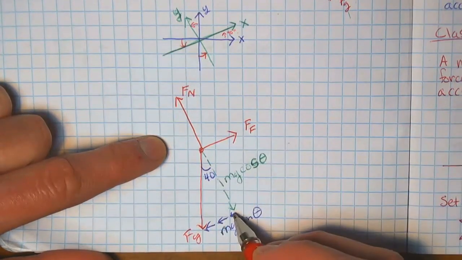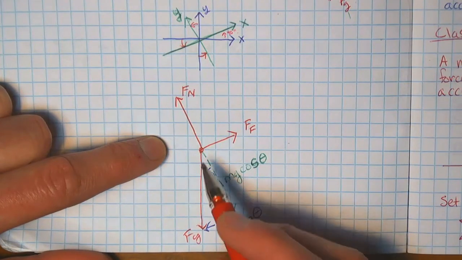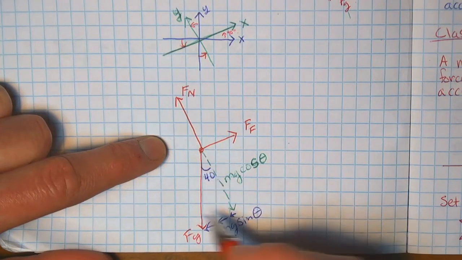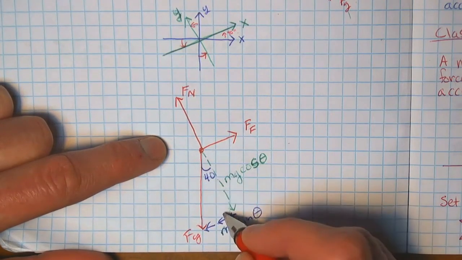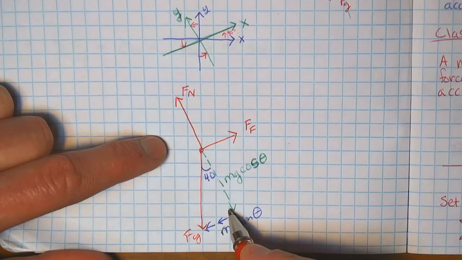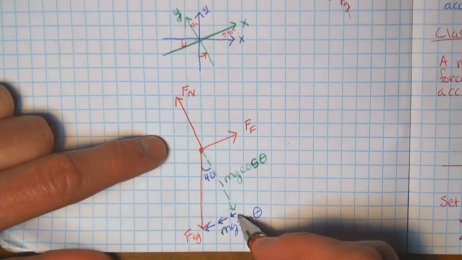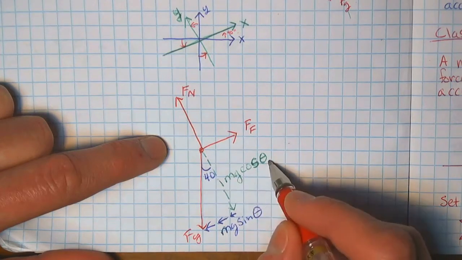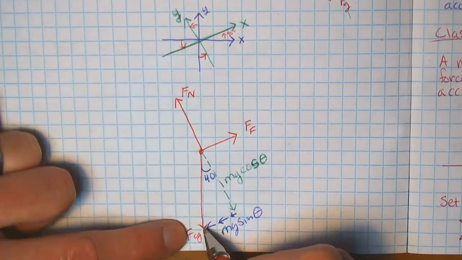Lots of times people continue it too far and try to go across. Be careful you don't do that. We want to make sure the force of gravity is the hypotenuse of the triangle. Again, the right angle should be right here. That changes this part into mg cosine theta. The mg comes from the force of gravity.